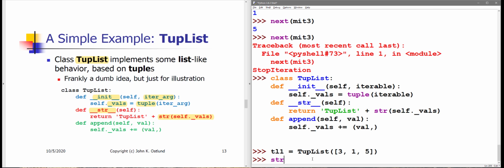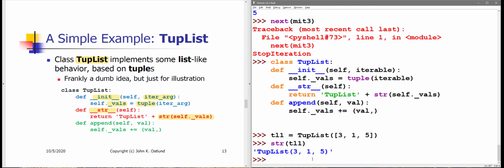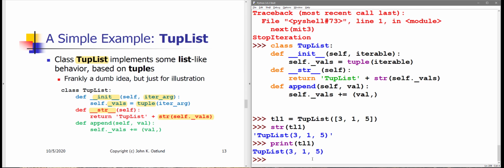And if I convert TL1 to a string, there's the string representation. If I call the print function, it implicitly invokes the str conversion function and then displays the result. And so there is my output from the print function.